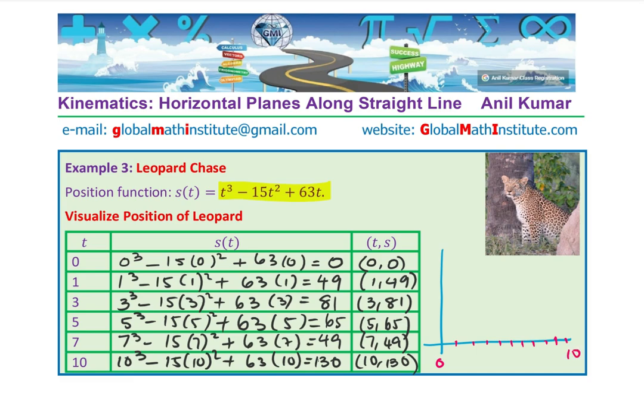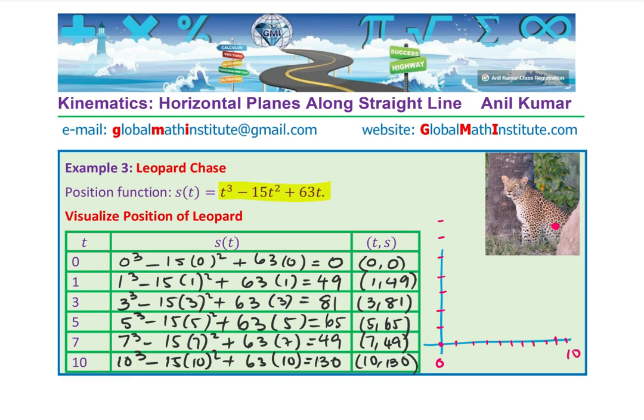The maximum value is 130, so we can go by 20s here: 20, 40, 60, 80, 100, 120, 130. The maximum value we're getting is at 10, which is here.